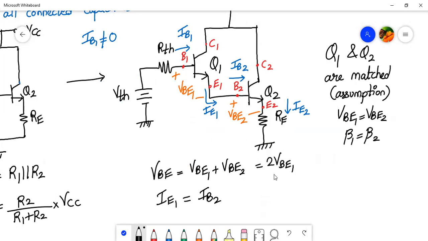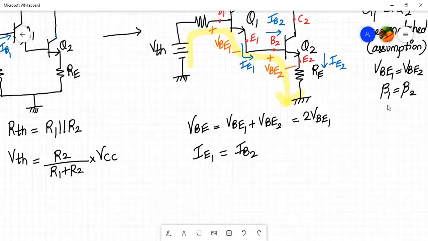Now let's calculate the value of IB1, right? IB1 we can easily calculate by applying the KVL to the base emitter loop. So let me mark with yellow color which is the base emitter loop. So here it is, arrow over here. So this is the base emitter loop.